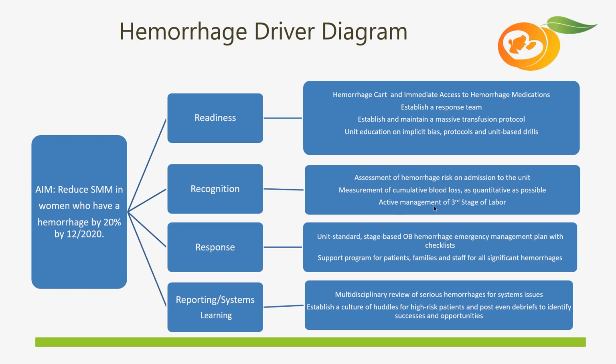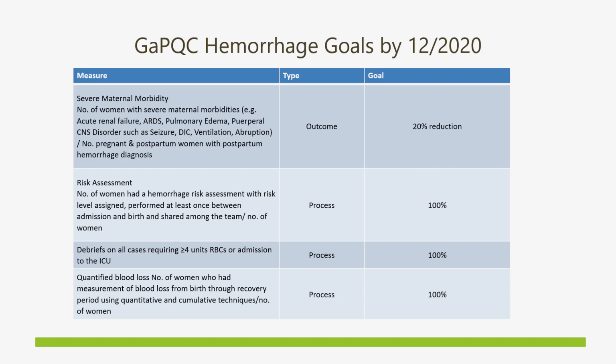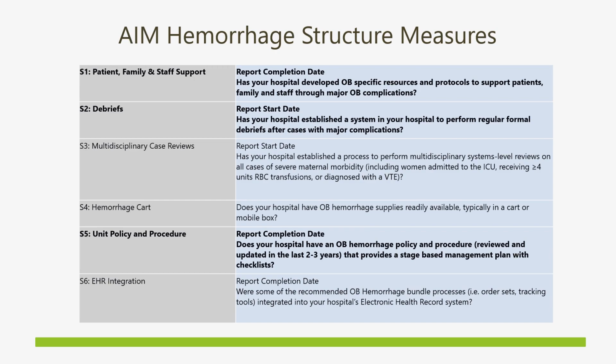Kaki. Okay, so the hemorrhage driver diagram is here for reference. Our hemorrhage goals also have not changed. For our structure measures, you're all familiar with these and reporting on them.